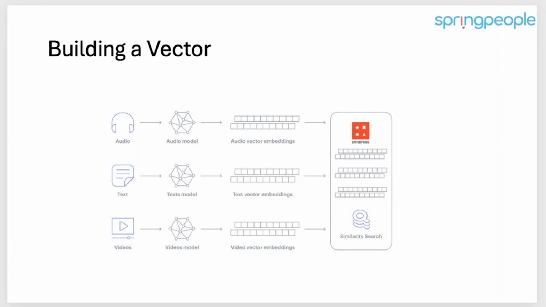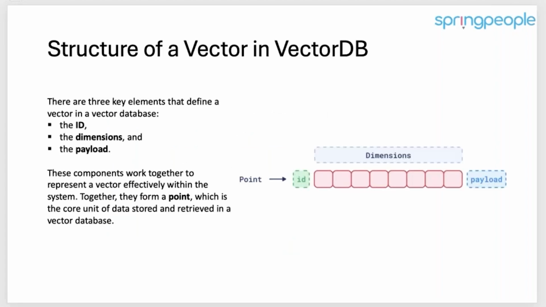It could be image and text together, or image and voice together, or maybe image, text, and voice together. This is how it would look if I create an embedding. There would be an ID, a dimension, and the actual text. If I take a word and make a vector of it, this is how it would look, and this is what is eventually stored in your database.